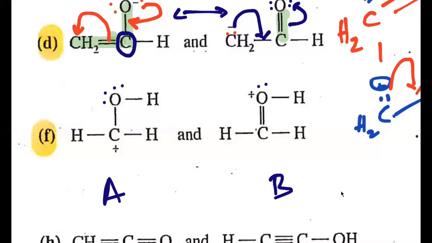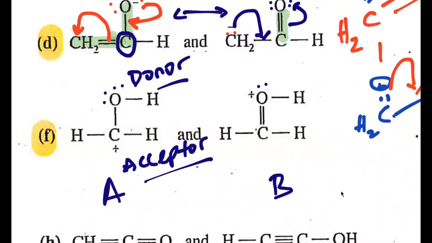It's looking for electrons, right? So the oxygen has 2 lone pairs on it, whereas the carbon has a plus charge. So the donor is always going to be the atom that's more electron rich, and that makes this the acceptor. Is that okay?